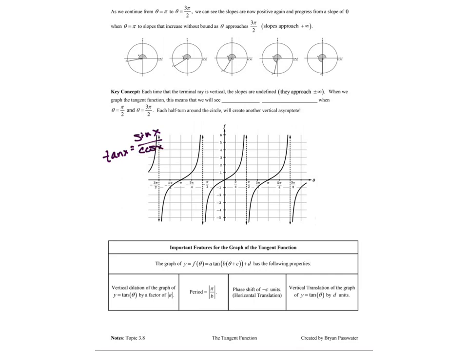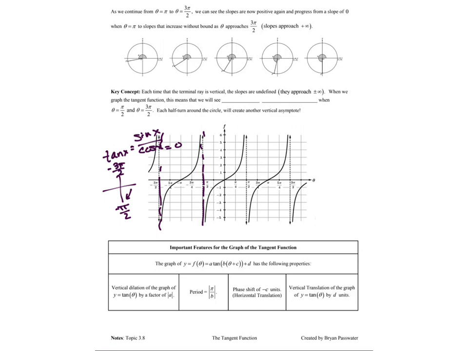We're going to have an asymptote every time cosine is 0, at pi over 2 and 3 pi over 2. And if you were going around that unit circle backwards, at negative pi over 2, which is this one, and negative 3 pi over 2, which is this one.